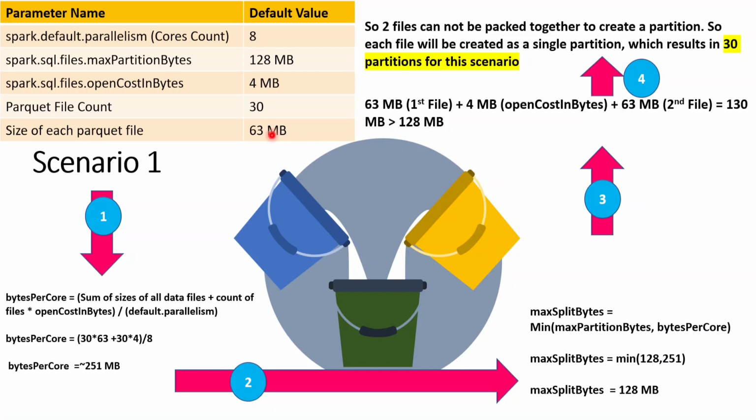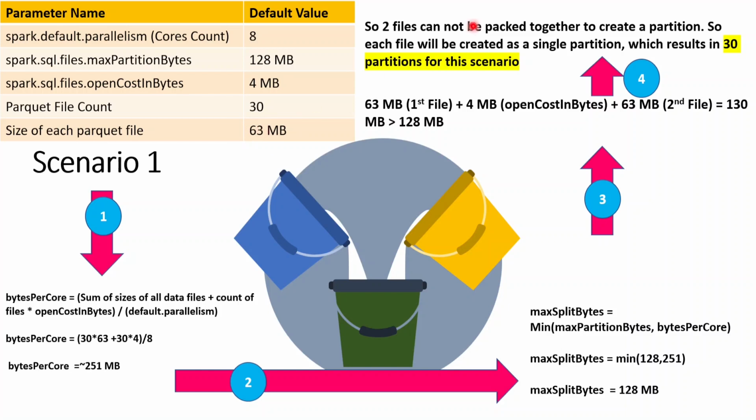Now we have 63 megabyte files. The Spark engine will first add the first file. Then, in order to add the second file, it has to add the open cost in bytes, that is 4 more megabytes, and then add the second file. So overall it comes to 130 megabytes. So in this use case, two files cannot be merged, and each file will create a single partition.